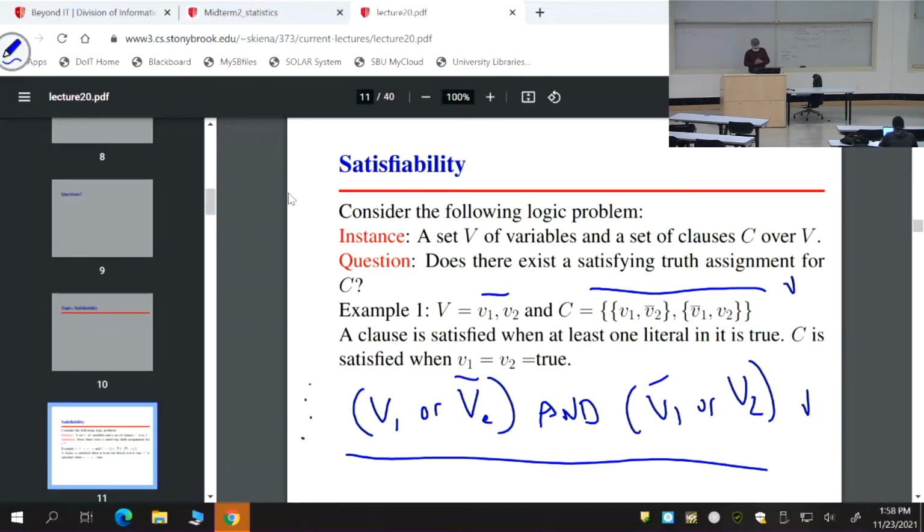Okay? Satisfiability, given a formula, is there a way to make it true, is the mother of all hard problems. There is no known fast algorithm for it. If you talk to Professor Mitchell and say, give me a fast algorithm for solving satisfiability, he will hang his head in shame. He will say, I can't do it. I am not strong enough.